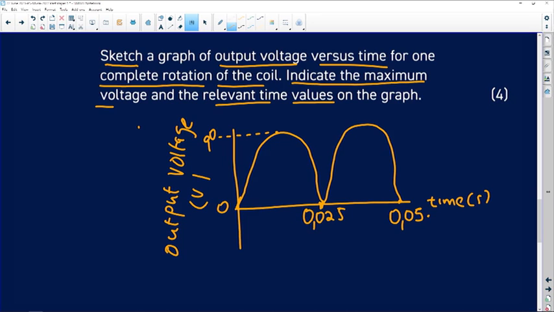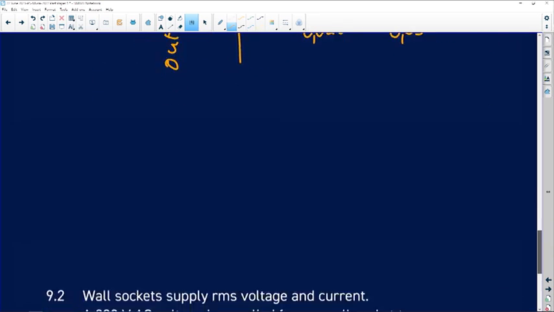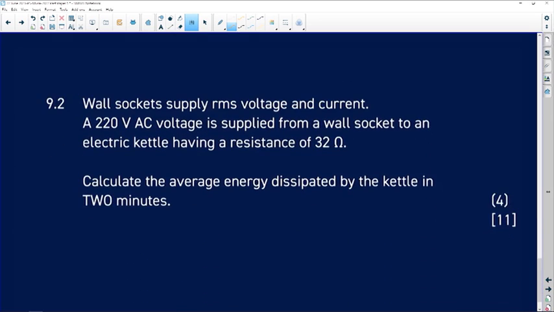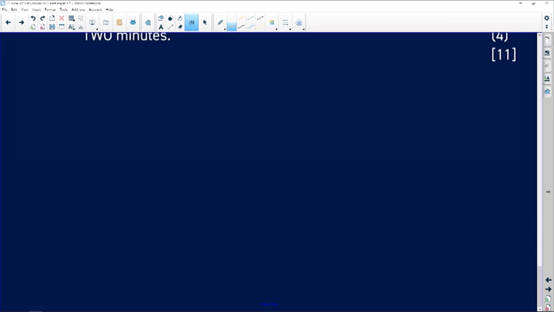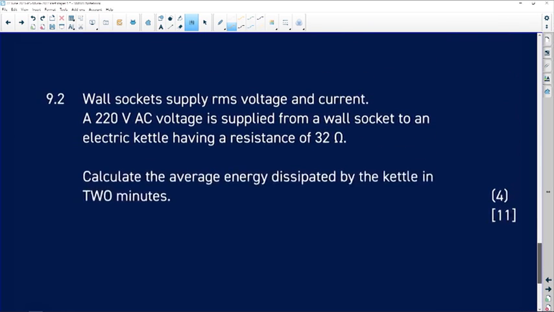Let's move to the next question now, question 9. We are going to 9.2, where we have to do some calculations. What are we given? A wall socket supplies the RMS voltage and current.